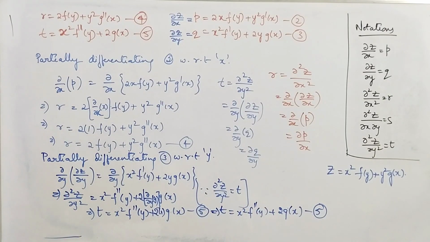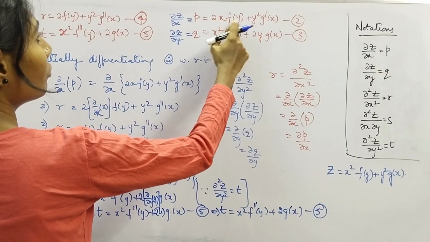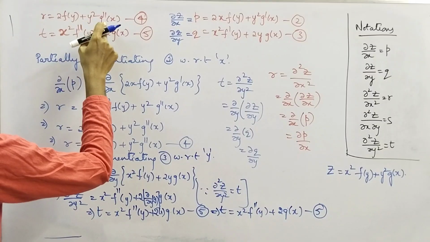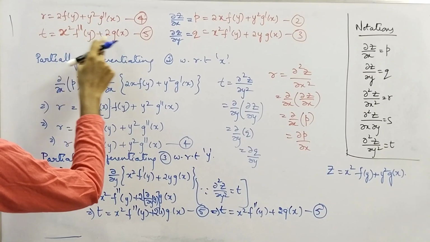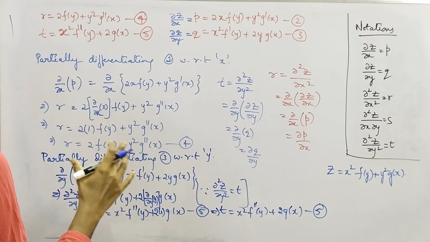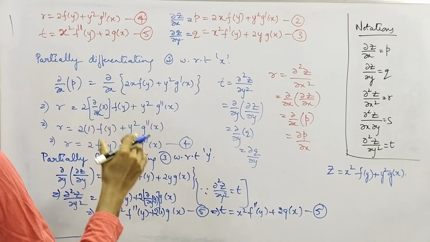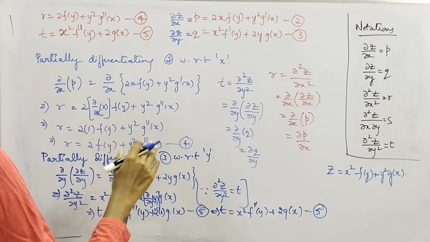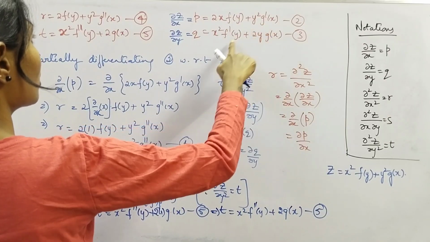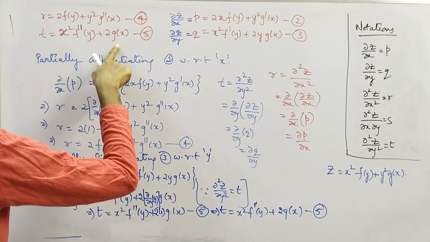Fine, now observe all these equations. Here in p you have f g dash, here you have f dash g, f dash g dash, g double dash, f double dash and g. So by looking at these equations, we can say that we don't have any equation involving f dash g dash or f double dash g double dash, right? We have variations: f and g dash, f dash g, f g double dash, f double dash g.